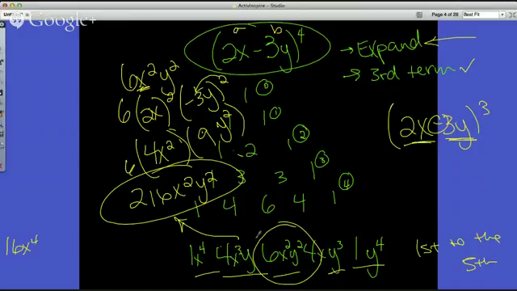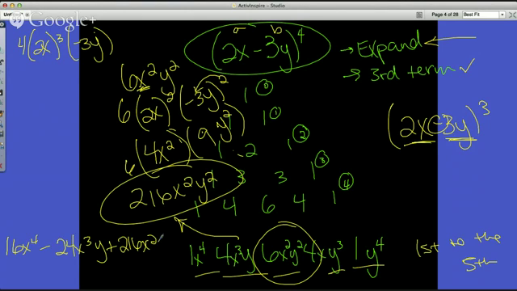The second one would be 4 times 2x to the third times negative 3y, right? 4 times 2 times negative 3 gets me 8x to the third, minus 3y. So what's 8 times negative 3? Negative 24. Good.